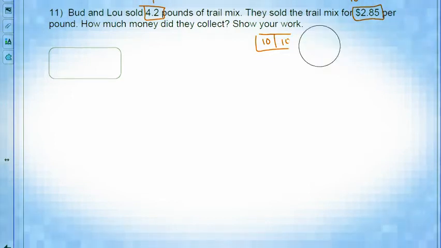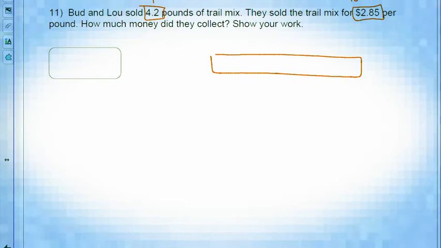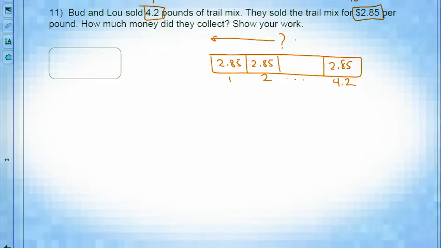What I have is 285. There's one group, 285. 2 groups. 285 for 4.2 groups, 4 and 2/10 of a group, and I want to know how much that is. It's still multiplying, just a little harder numbers.